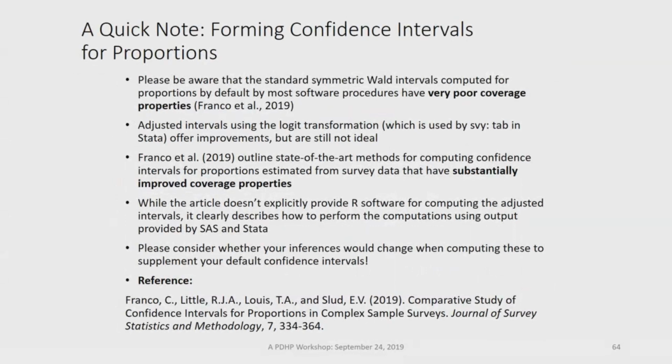Now, my beef with this article, because I was a reviewer, is that I wanted them to provide R code. I said, it's really cool what you guys are doing. Readers are going to want to see how to implement it. It's straightforward. Pretty much anybody in this room could follow what they're doing and write a little code to do it, but just provide some R code. And the editor agreed not to have them provide it. I don't know why.